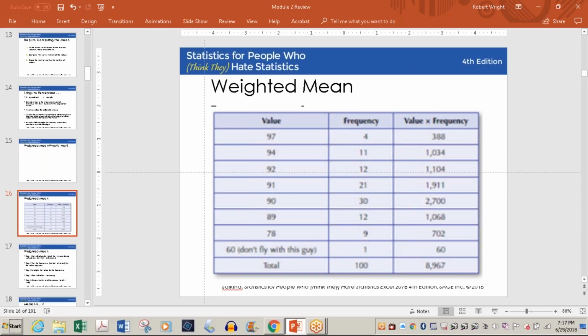So if your total in that second column came out to like 53, then you would divide that 8967 by 53. Yeah, if you had 53 different test scores you were doing, whatever that frequency is. The frequencies. Yeah, this is a real simplistic example because they conveniently did it by 100. But if you had 53 students, you had 53 test scores, and they broke down, some test scores appeared 4 times, some 11, some 12, or whatever.